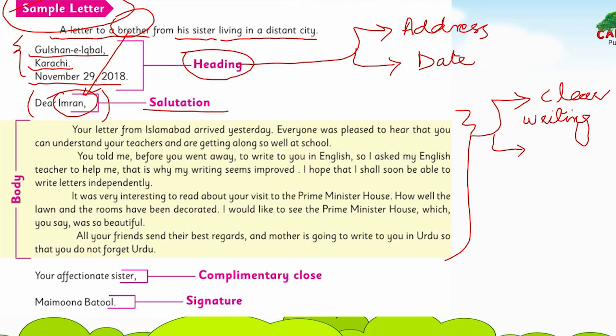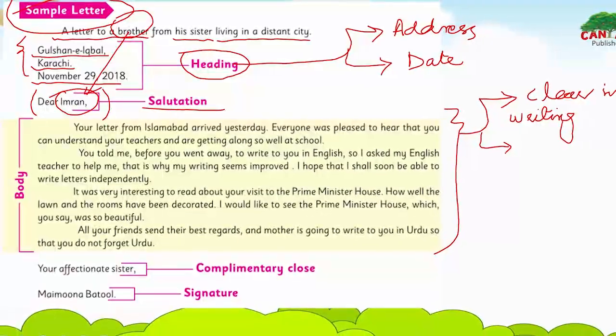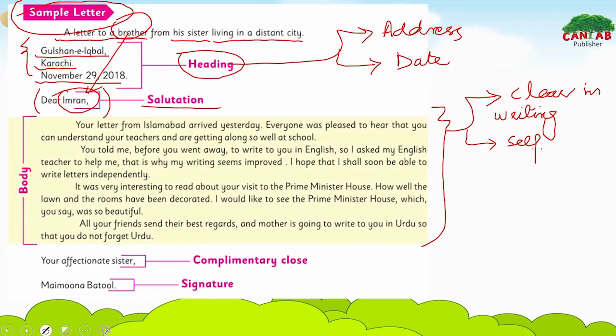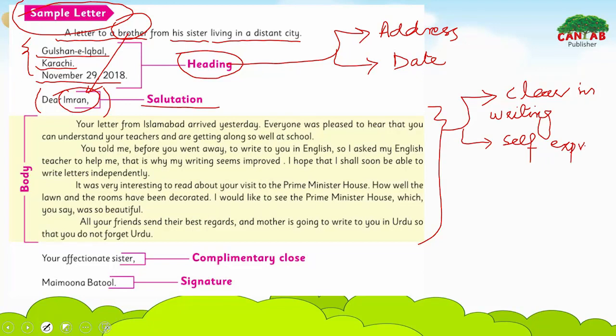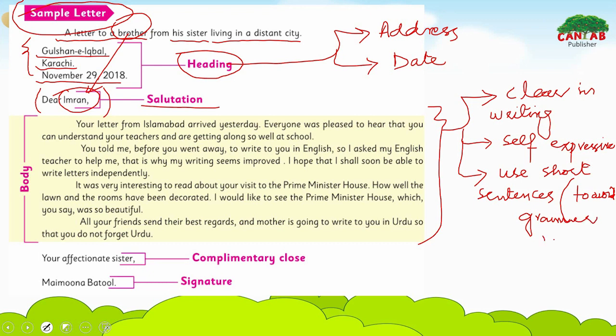Second, you should have in your mind what is going to be expressed here, so you should be self-expressive. The third one, you should use short sentences. For what? To avoid grammar mistakes.